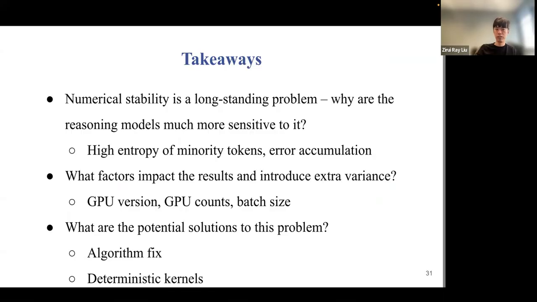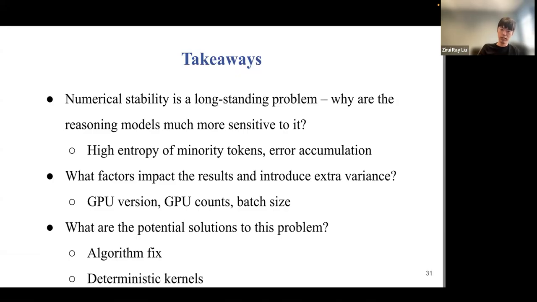The reason is that there are lots of high-entropy minority tokens and error accumulation. Second, what factors can impact the results and introduce variance? Anything that changes your arithmetic order will change your results, like GPU version, software version, the number of GPUs used for parallelizing the compute, batch size, and lots of different factors.